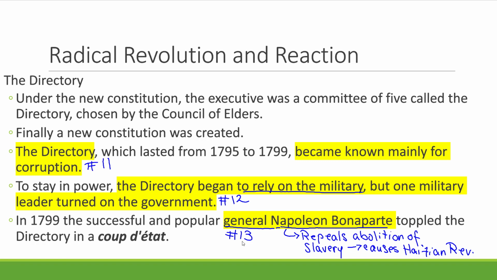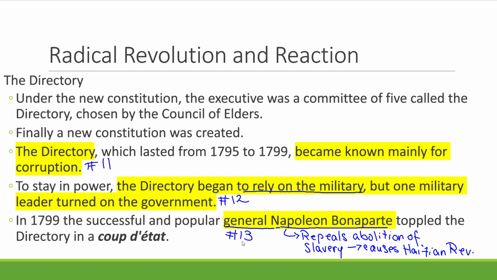So under this new constitution, there was a council of elders, and the council of elders chose 5 that was called the Directory, right? And the Directory, as you see here, lasted from 1795 to 1799, and they were mainly known for their corruption, very corrupt.